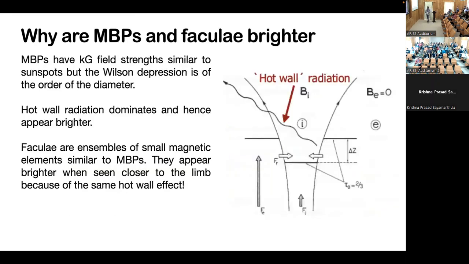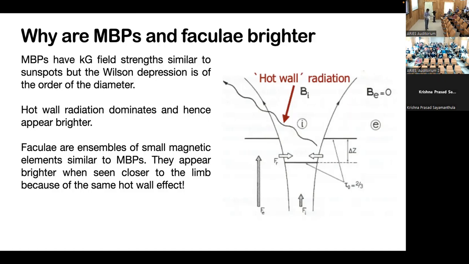So this is about Wilson depression. And then, why are magnetic bright points, these small scale structures you are seeing, brighter? The reason I spoke about Wilson depression earlier is that I want to show you this is the tau equal to 1 layer for this bright point. This is a bright structure.